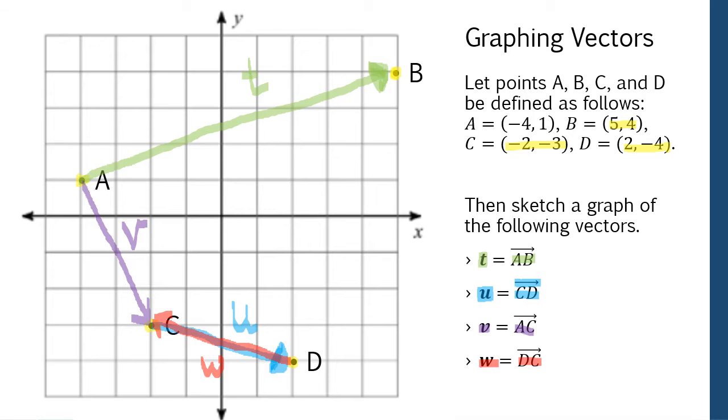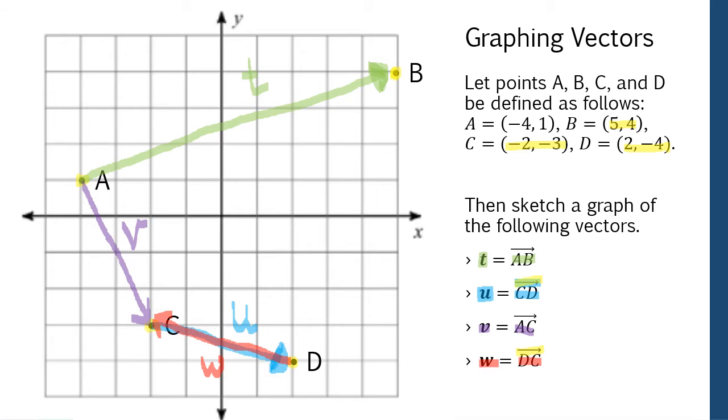So vector u is going from point C to point D. Vector w is going from point D back to point C. So that's why the arrow on top of the initial and terminal points is important, because it tells you which direction you're going in, which one is the starting point and which one is the ending point. Because both vectors u and w have the same length, the same magnitude, but their directions are opposite of each other. So these are not the same vector.